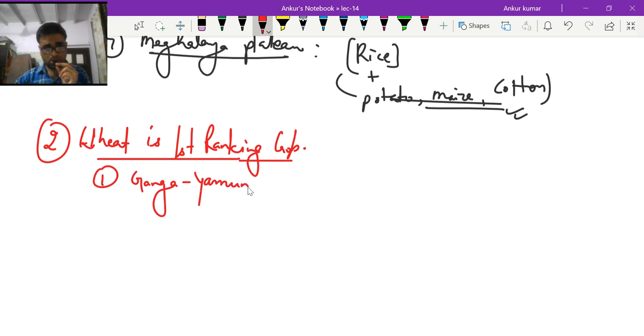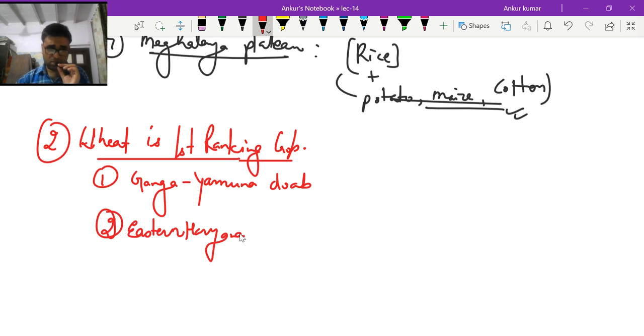Wheat is the first ranking crop. Along with wheat, other crops like rice, pulses, maize, etc. are also grown. Then moving on to the second, it is Eastern Haryana. Again, wheat is the first ranking crop, but along with wheat, pulses, bajra, maize are also grown.